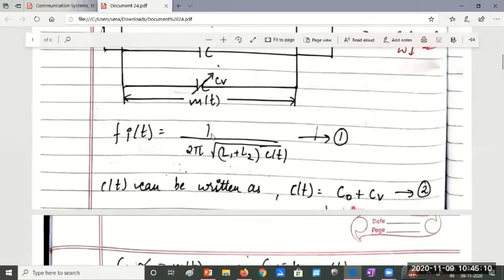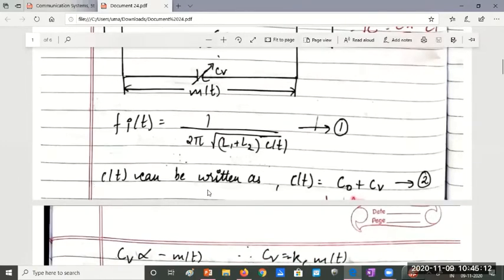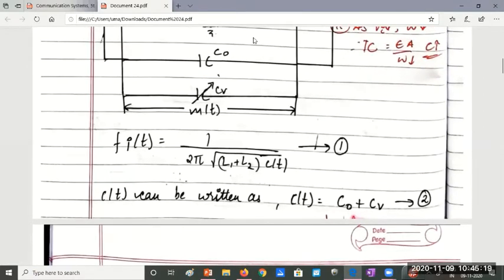So what will we do next? We'll write C of t as C naught plus CV. Can I write it like that? Here the capacitors are in parallel. What happens when capacitors are in parallel? The effective capacitance is the sum of the two capacitors. Yes or no?